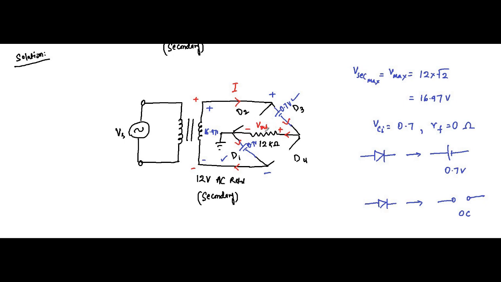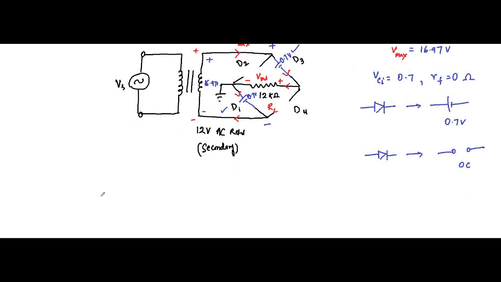Now here the output voltage will appear across the 12 kilo ohm load resistance. The maximum output will be obtained when the current flowing is maximum, and that will occur when the secondary winding voltage is maximum, which is 16.97 volt, V max.